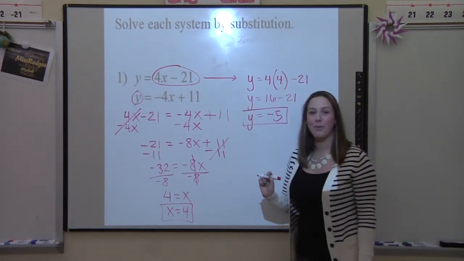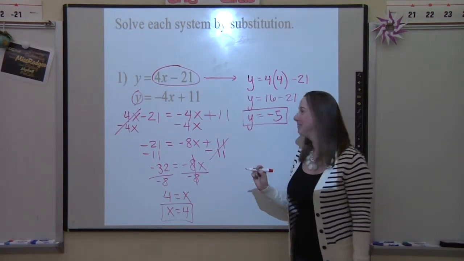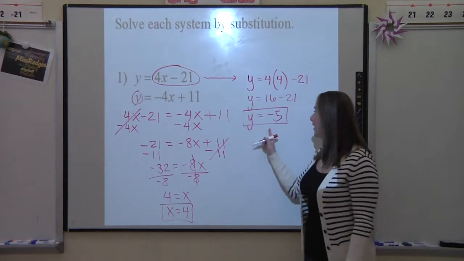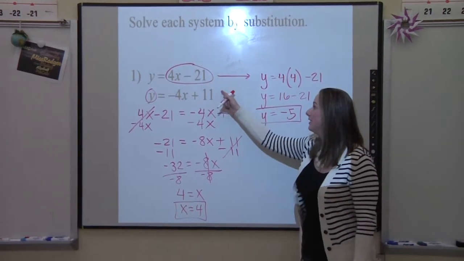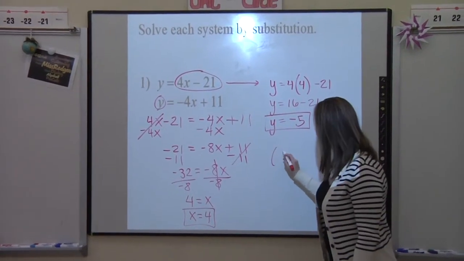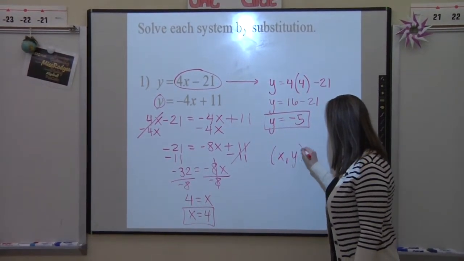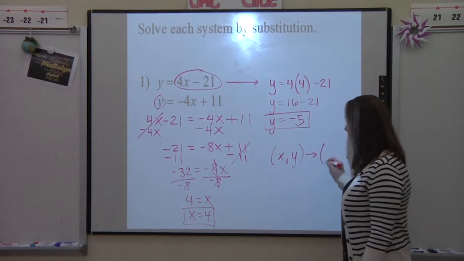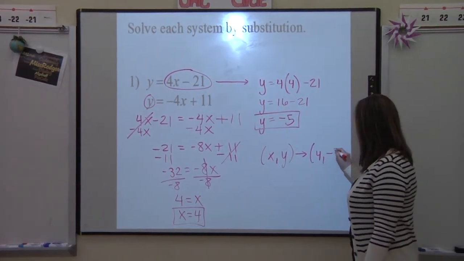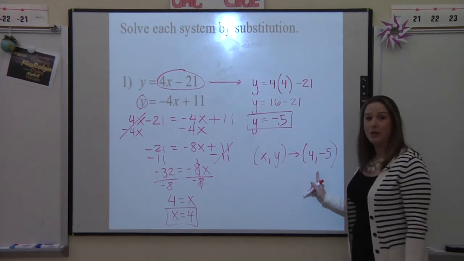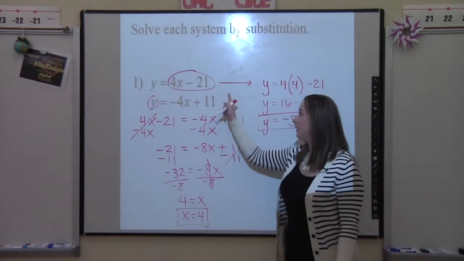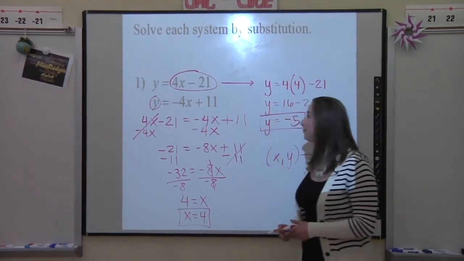So here we have y equals negative 5. With x being 4 and y being negative 5, we now have a solution to our system. This solution will be true for both this equation and this equation.